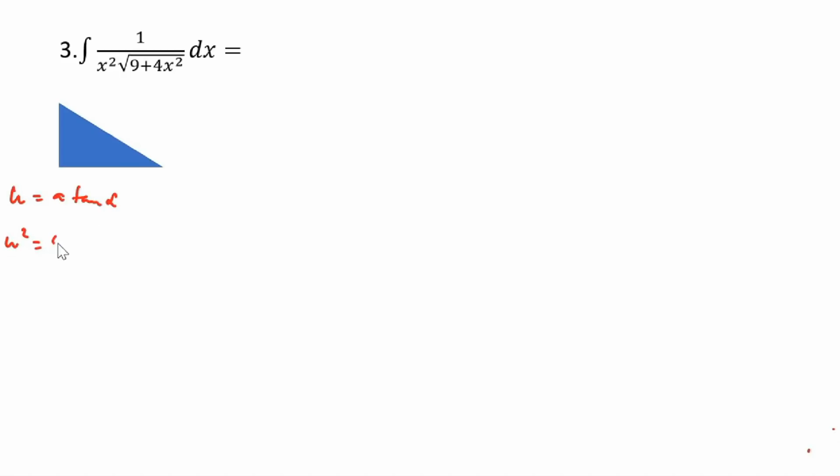U squared equals 4x squared and a squared equals 9. So it follows that u equals 2x and a equals 3.